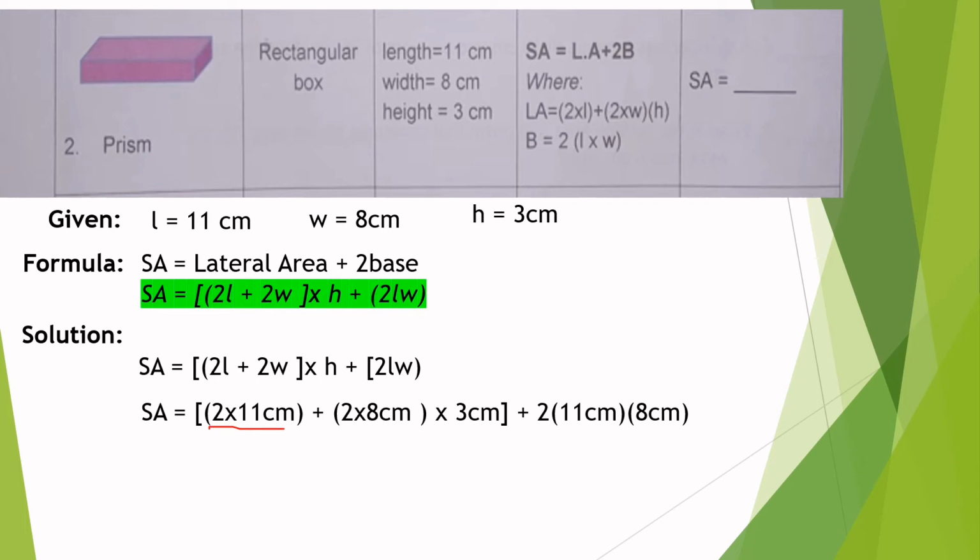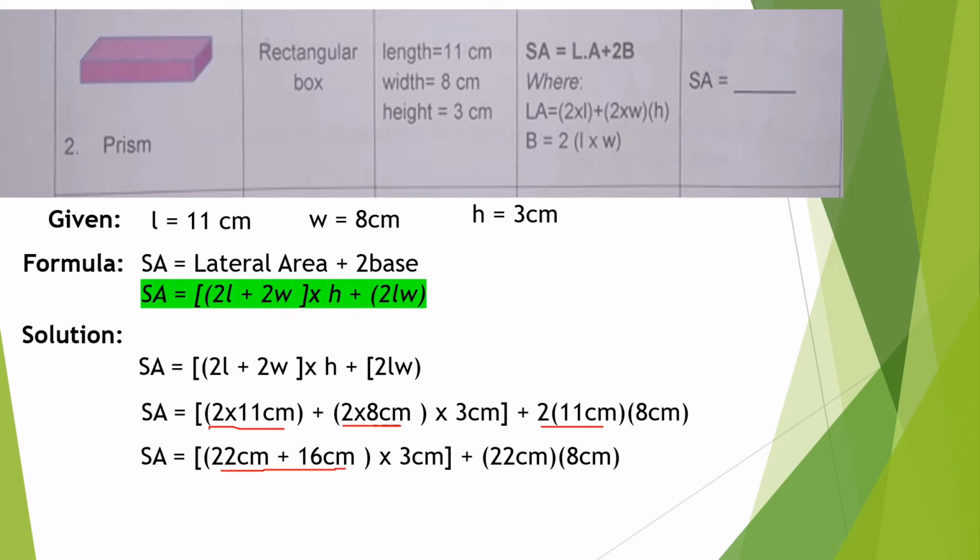For example, 2 times 11, 2 times 8, and 2 times 11. So we have now SA is equal to 22 centimeters plus 16 centimeters times 3 centimeters plus 22 centimeters times 8 centimeters.